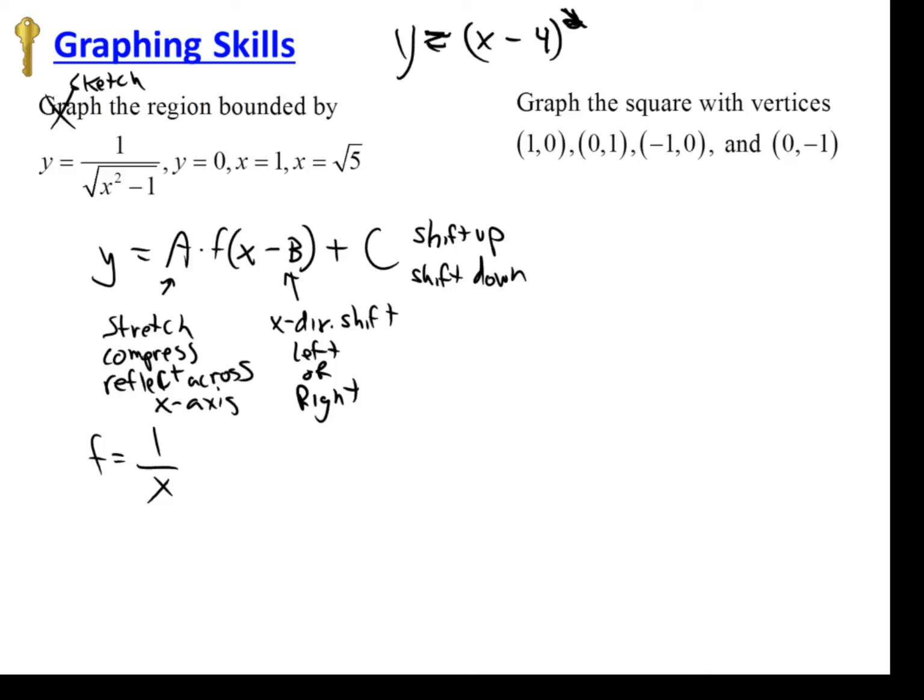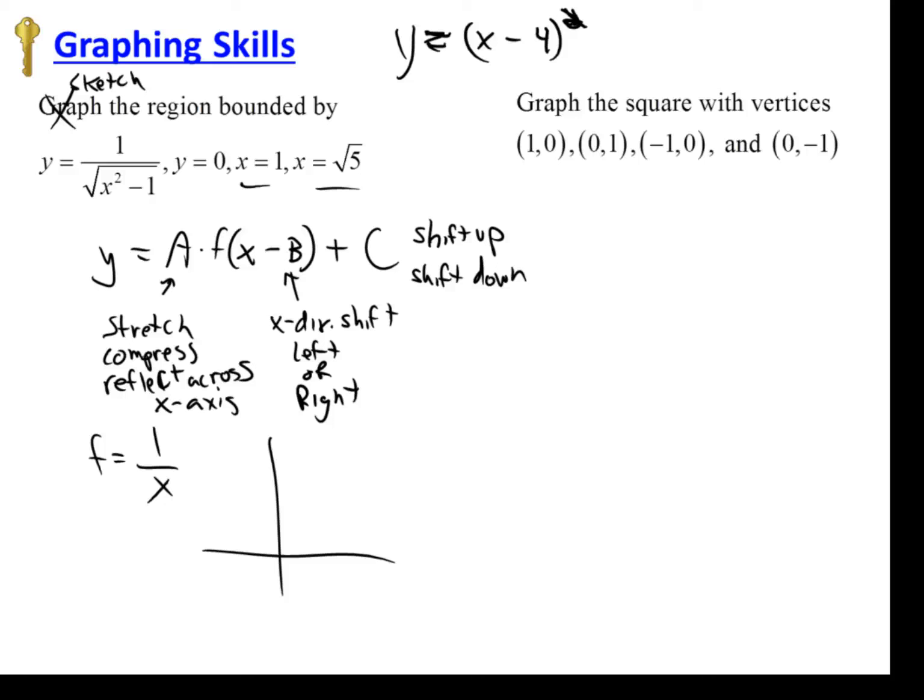For positive x, we only care about x from 1 to 5. 1 over x. When x is small, what happens to 1 over x? It's big. When x is large, what happens to 1 over x? Small. Okay, so just draw something that kind of does that. The minus 1, though, changes things, because 1 over x can't be evaluated at 0.